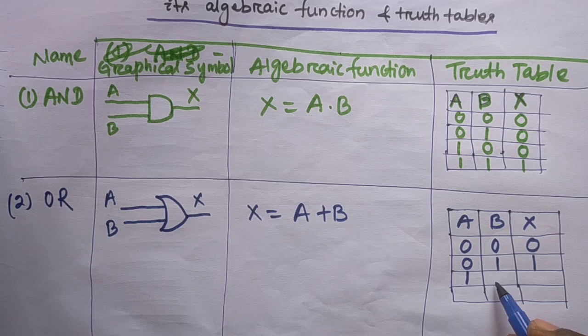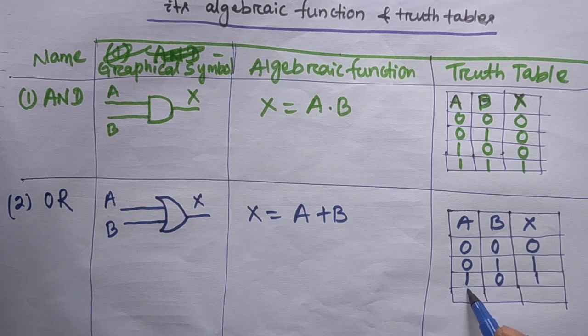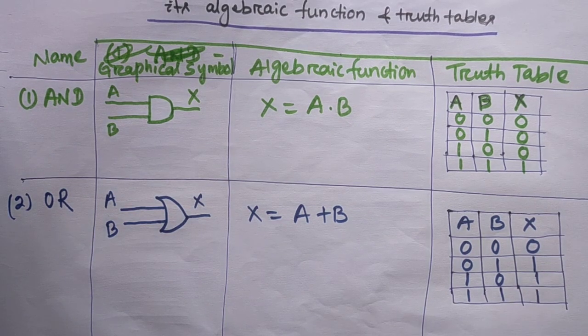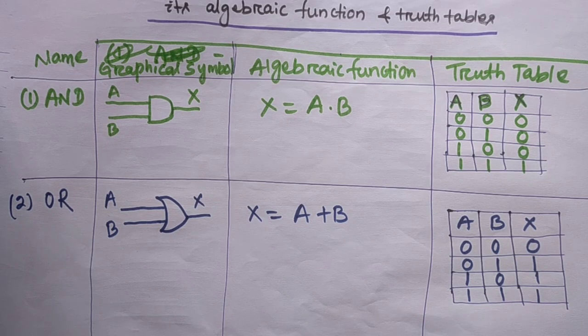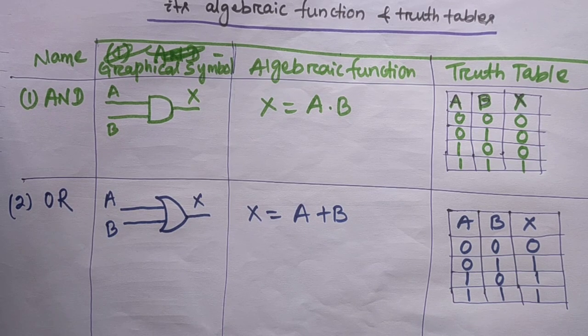Here 1 0, 1 plus 0 is 1. Next 1 1, the result will be 1, not 2, because the output should always be either 0 or 1 for binary values. If any logic gate is designed, the output should be either 0 or 1.